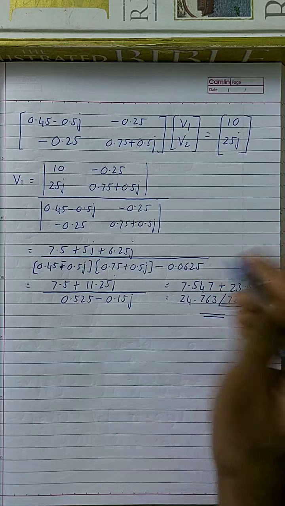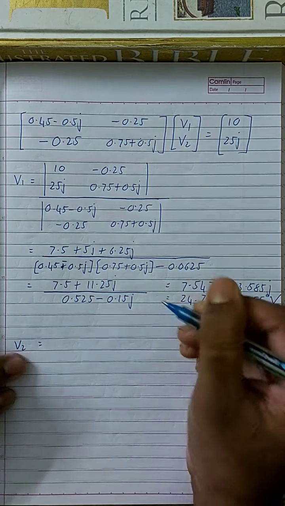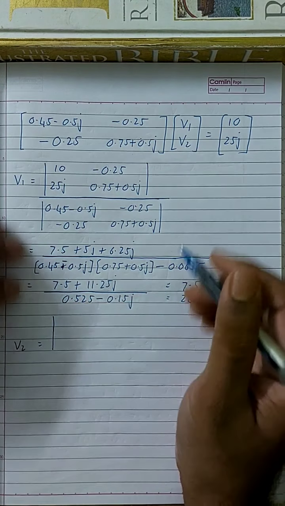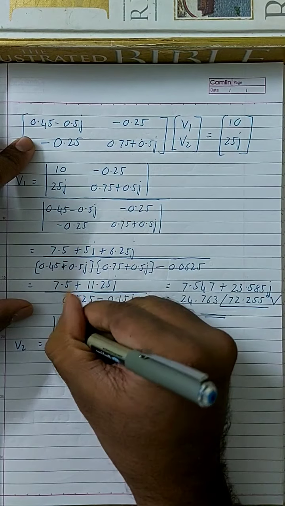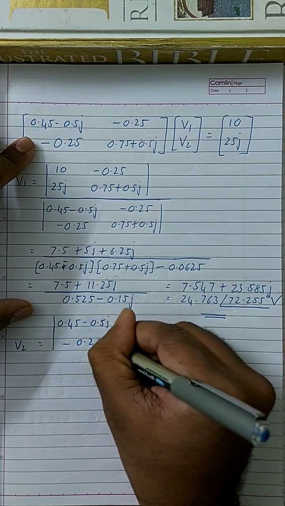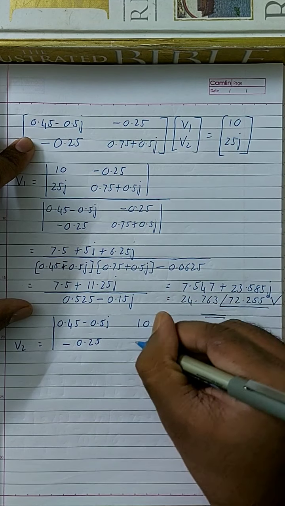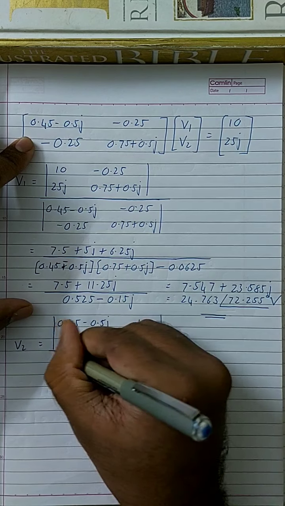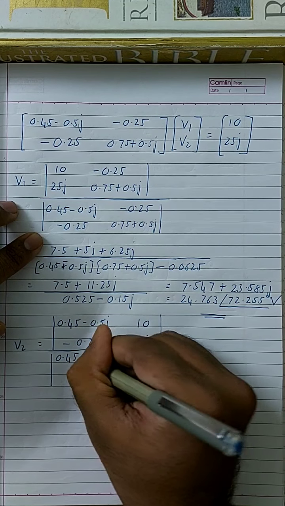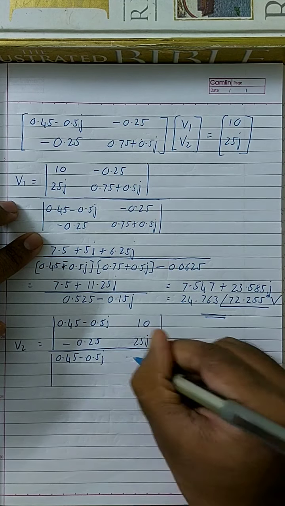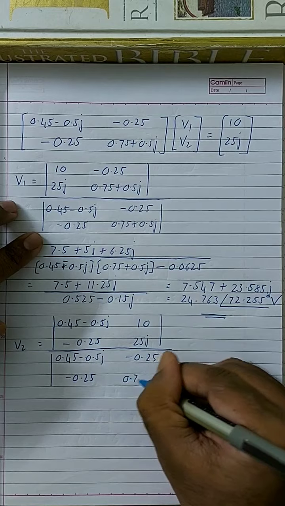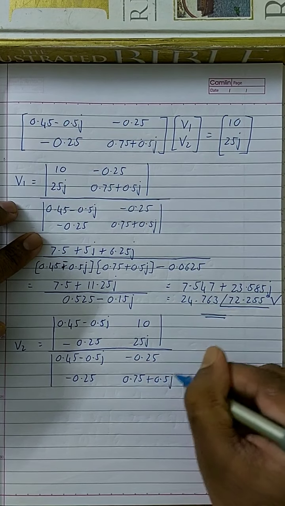Now let me find the value of V2. V2 is equal to the numerator, where here the second column is different, right? So 0.45 minus 0.5j, minus 0.25, here it is 10 and here it is 25j, divided by your denominator, which will be the same: 0.45 minus 0.5j, minus 0.25, minus 0.25, 0.75 plus 0.5j.